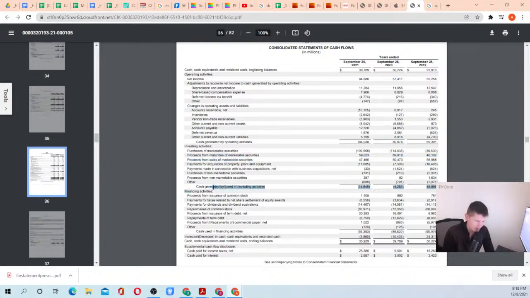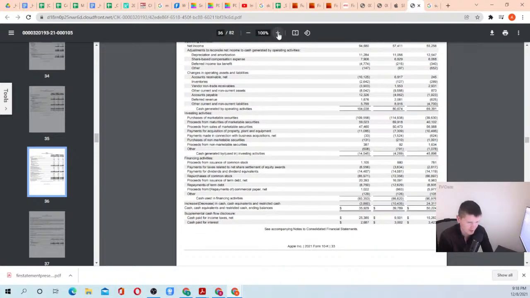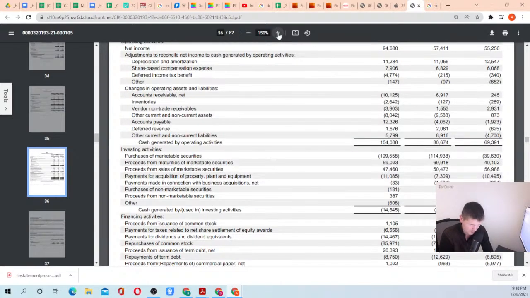In your financing activities, you will show your cash flows with your lenders, with whoever is lending you money, or if you repay the money to creditors or to investors. A relationship with shareholders like dividends or repayment of capital like share buybacks will also show up here. Let's zoom in a bit.